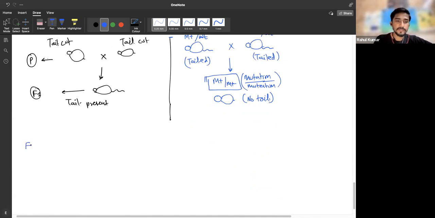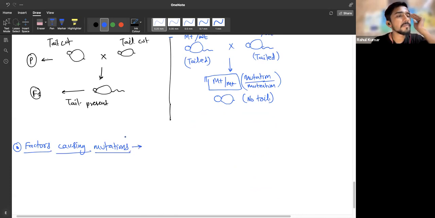Now, what are the factors that can cause mutation? Any idea how mutation can happen? There are many types of mutation which are not in your syllabus, like single base mutation and insertional mutation.